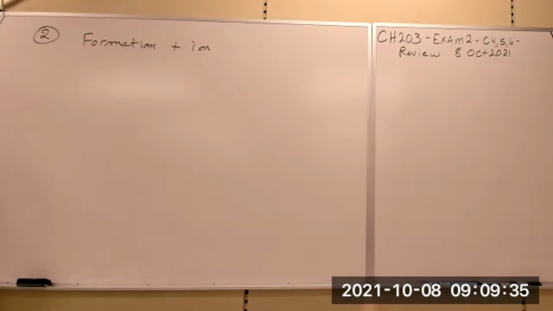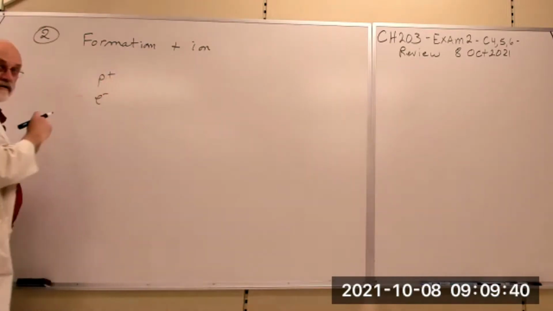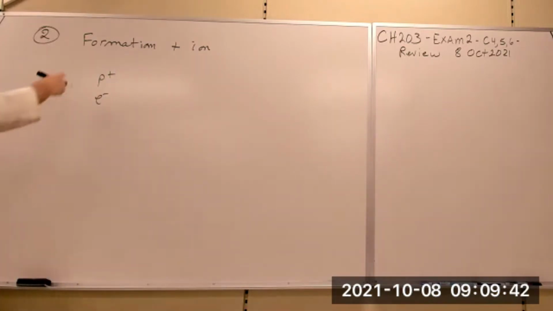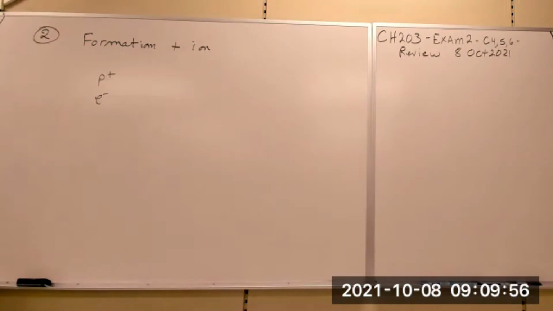Think of your atom. What's your atom made of? Protons and electrons, right? Neutrons don't count because they don't have a charge. But for the purposes of this argument, when protons and electrons are equal in number, you have a neutral atom, right?